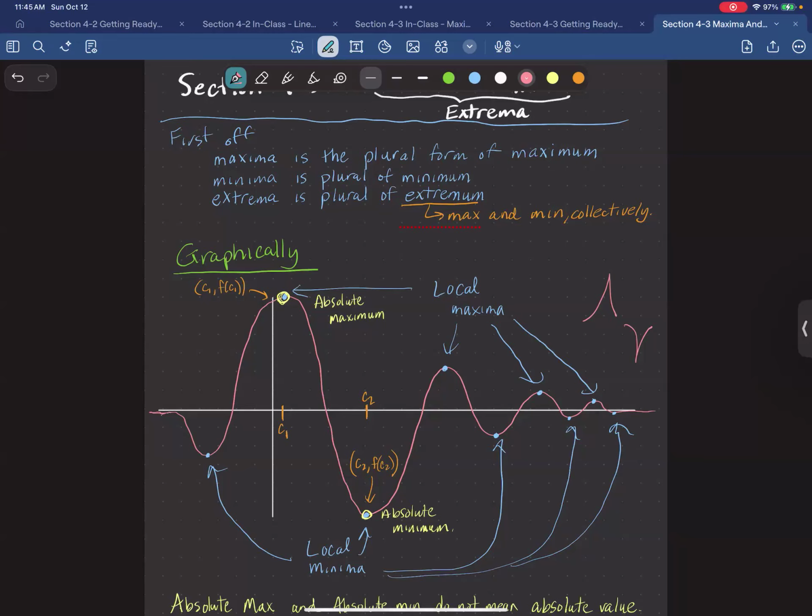Everywhere I have a hill, let's do the highlighter, you've got a point there, that point there, that point there, that point there. Those are all maxes in an area around them. They're the tallest point in the region.